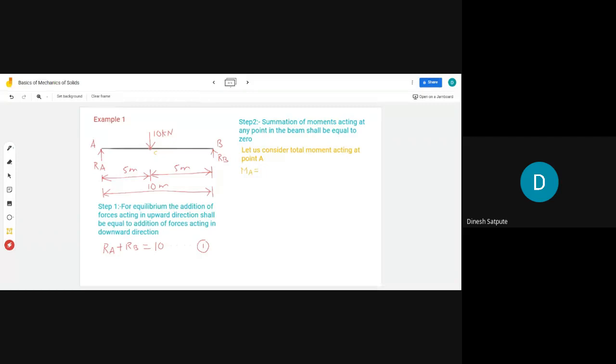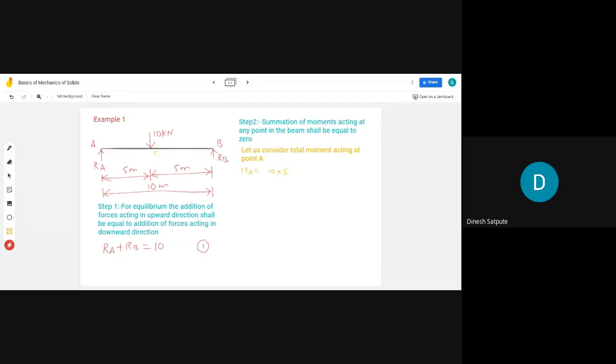So the force is 10 kilonewton multiplied by the distance, which is 5. So we are going to multiply it by 5.